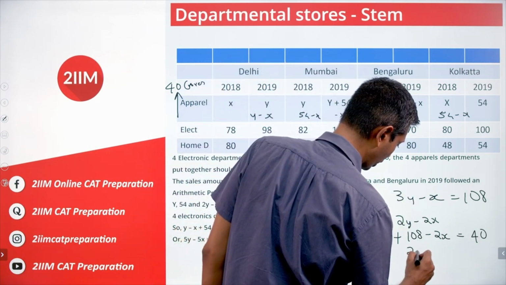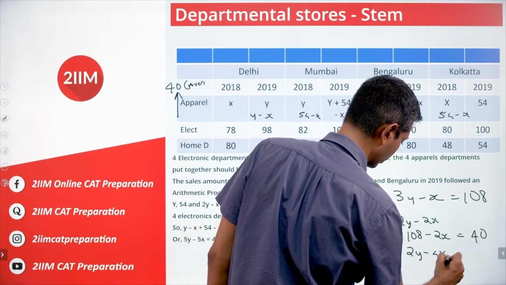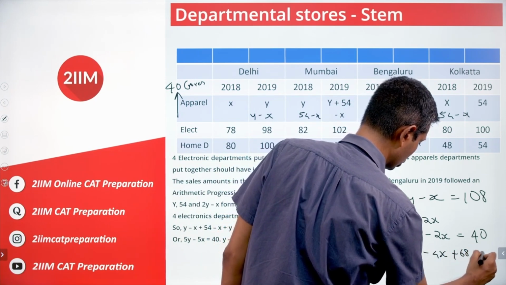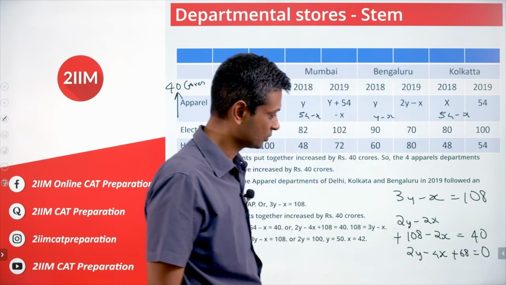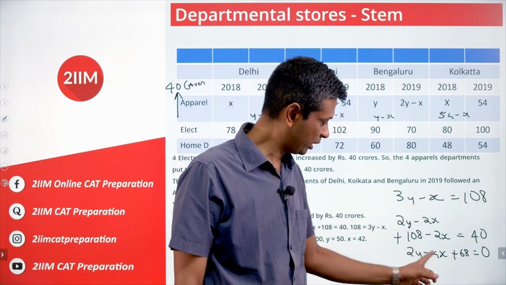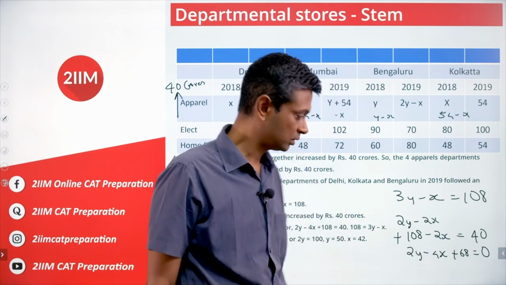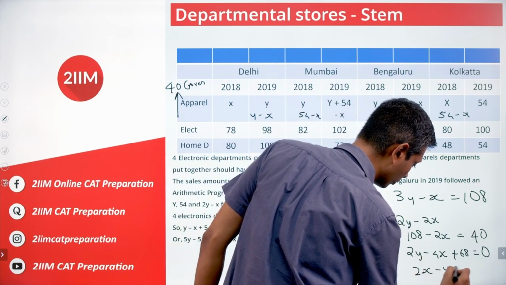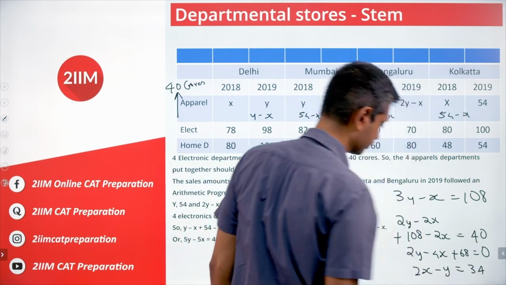Or 2Y minus 4X plus 68 equal to 0. We have 3Y minus X equal to 108. 4X minus 2Y is 68. Or we can rewrite this and say 2X minus Y equals 34.